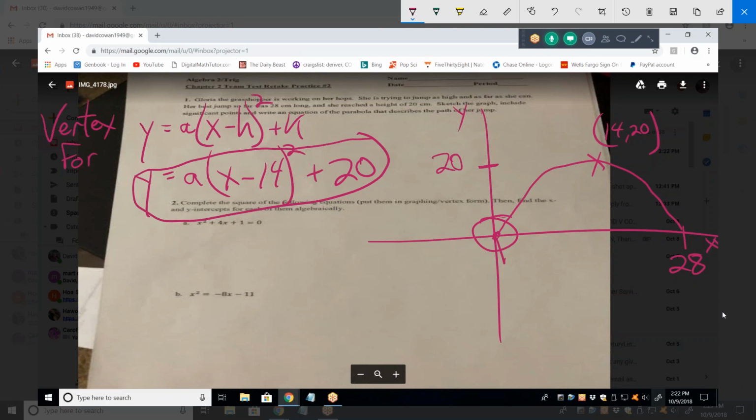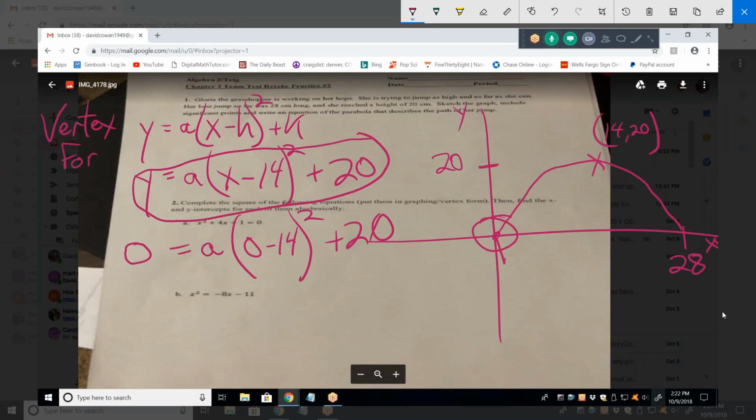Okay, so I'm going to plug in 0 for y and 0 for x. In other words, every point on my graph has to satisfy this equation. So I can pick any point I want, plug it in, and that's going to allow me to solve for a. So when y equals 0, x is equal to 0.